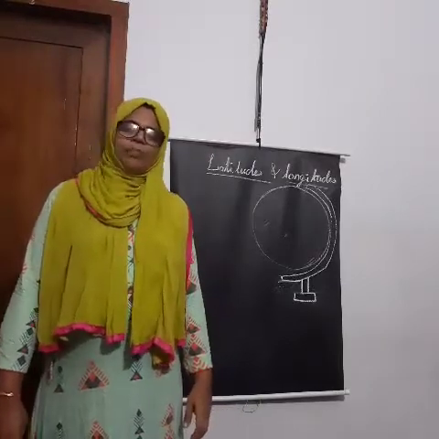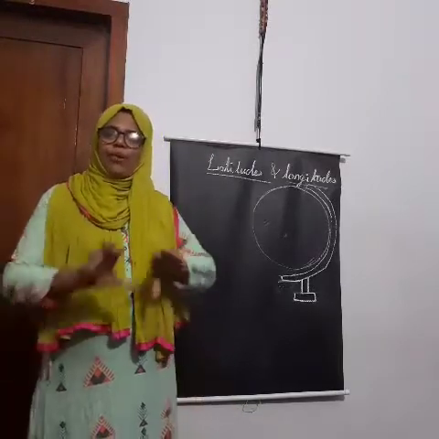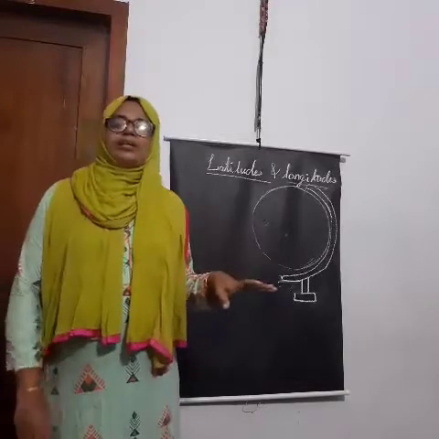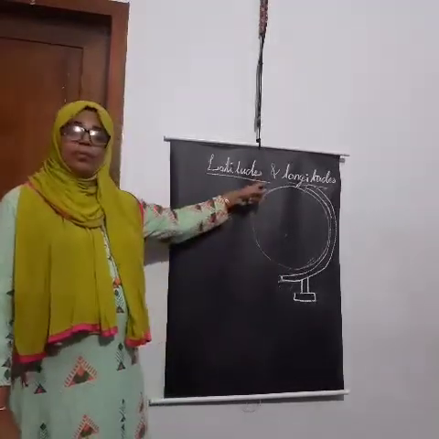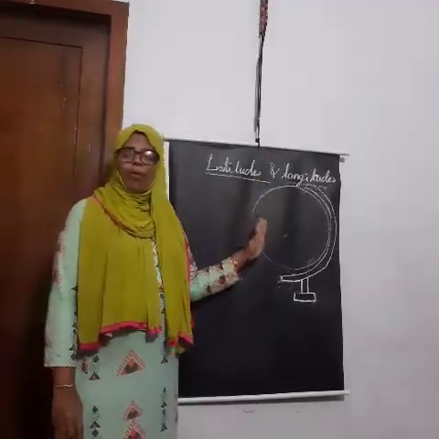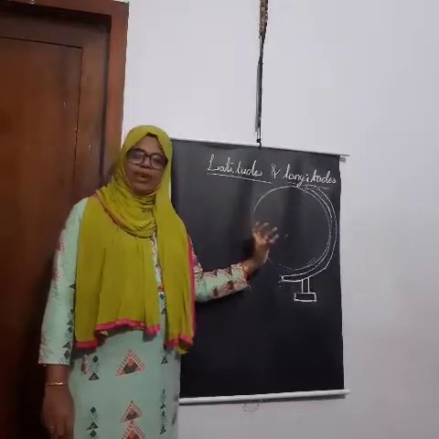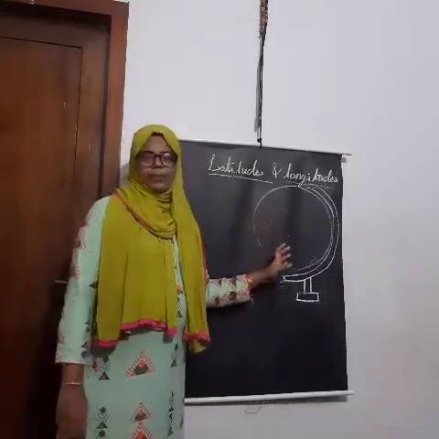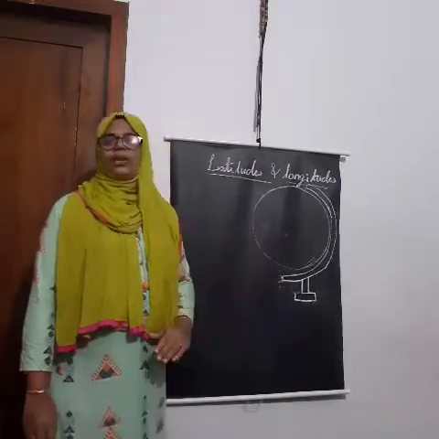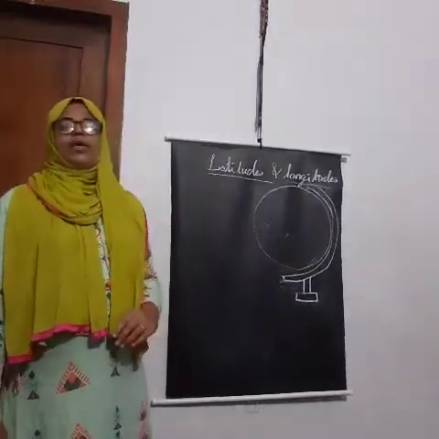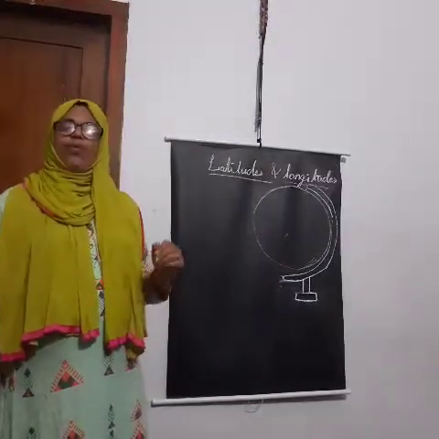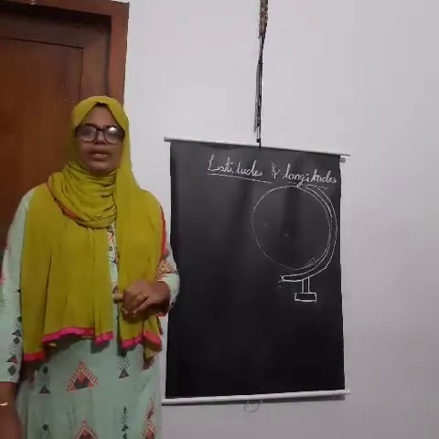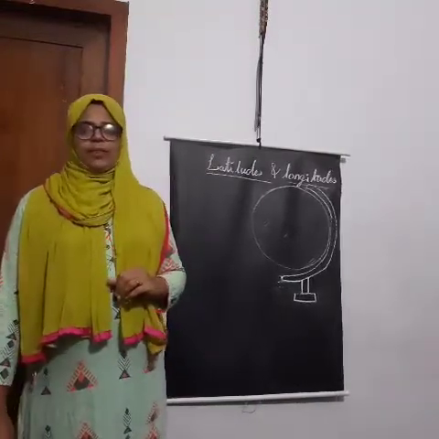What's that? Map. Map is drawn on a flat surface, whereas globe is drawn on a model, on a board. We are marking or wrapping this world. So, what are there on the globe? Yes, in the globe we could see oceans and continents, land and water.